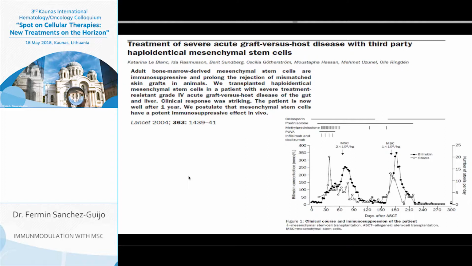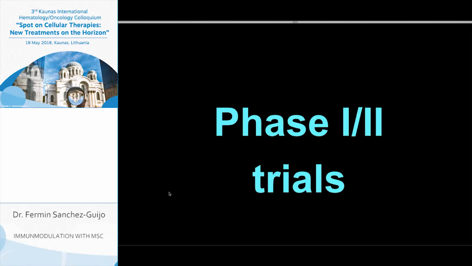And there are a number of phase 2 trials, all of them with the same results. This is the largest one from a cooperative EBMT group, again headed by Katarina, by Bacigalupo, Andrea Bacigalupo, and many other people.